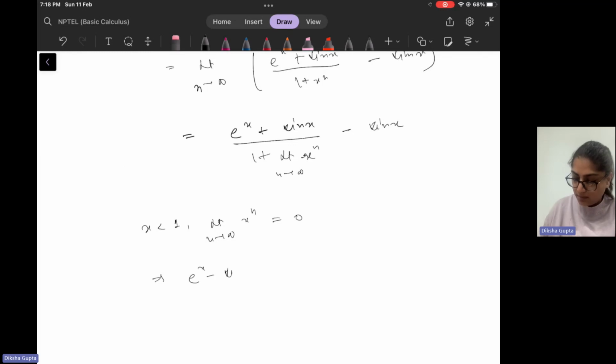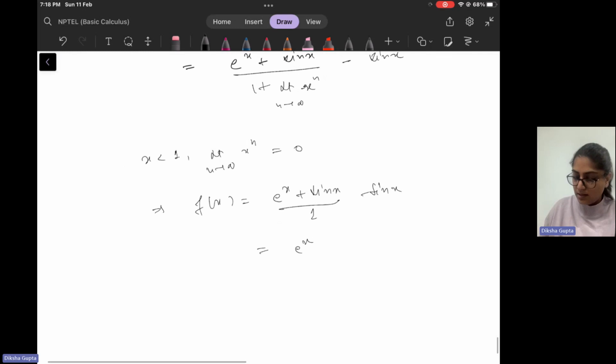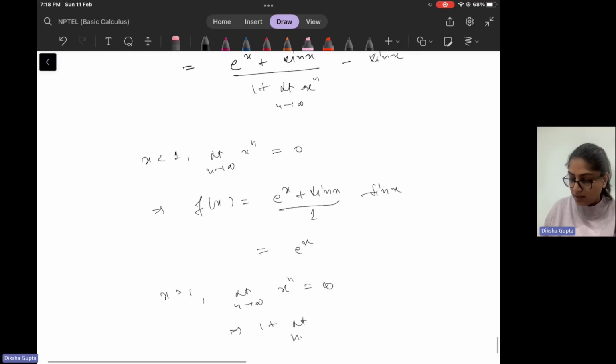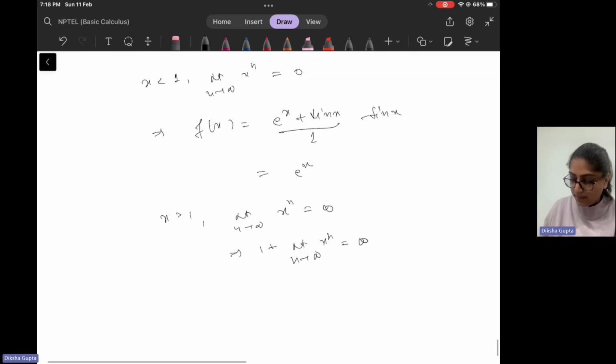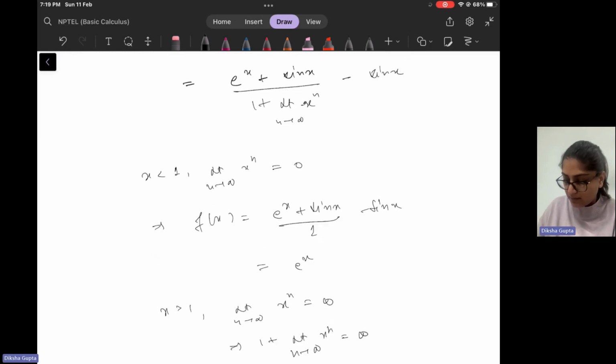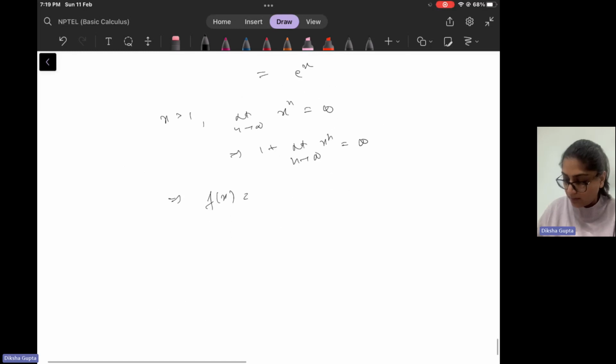So f(x) is e raised to power x plus sine x upon 1 minus sine x, which is e raised to power x. For x greater than 1, limit n tending to infinity x^n is infinity, implies 1 plus limit x^n is infinity, implies for fixed x, 1 upon 1 plus limit n tending to infinity x^n is 0.